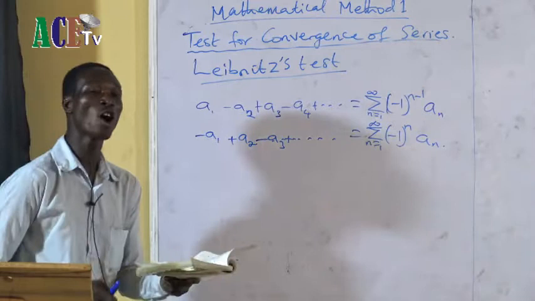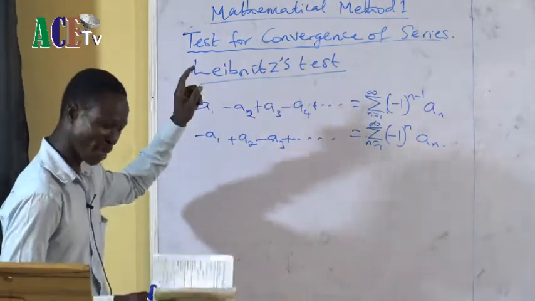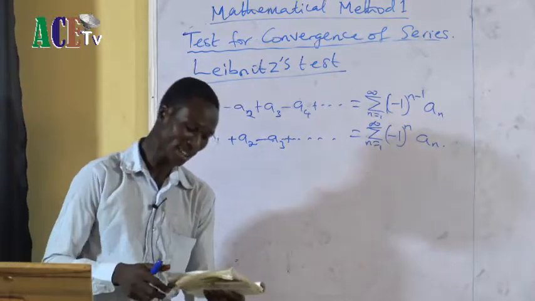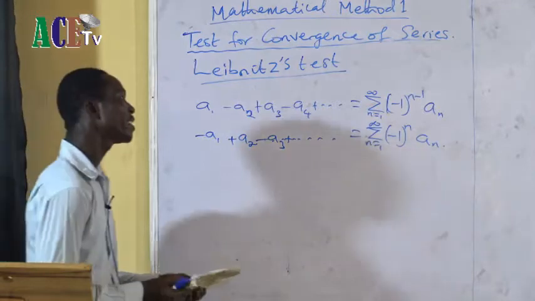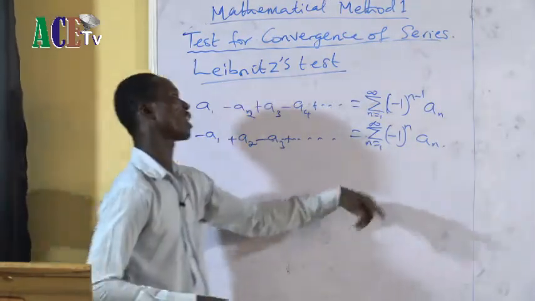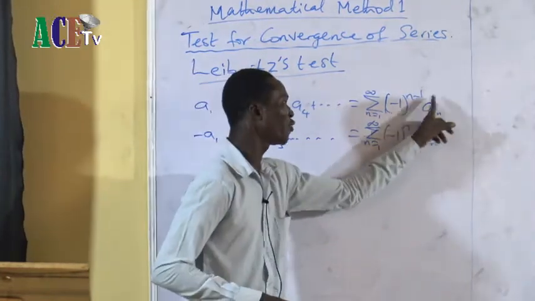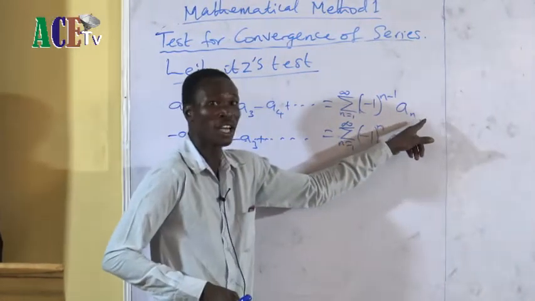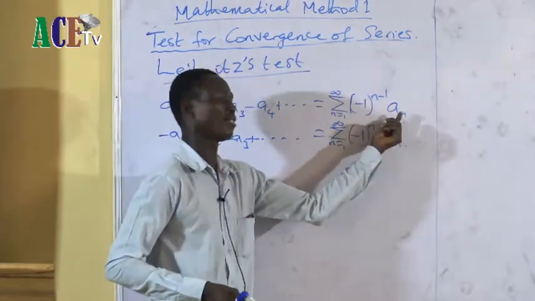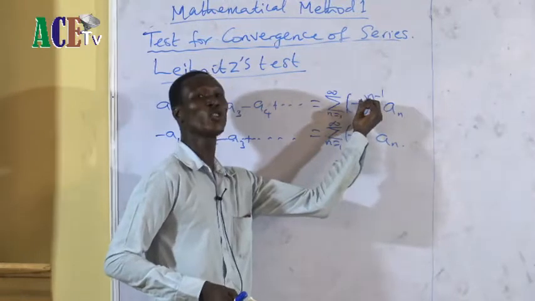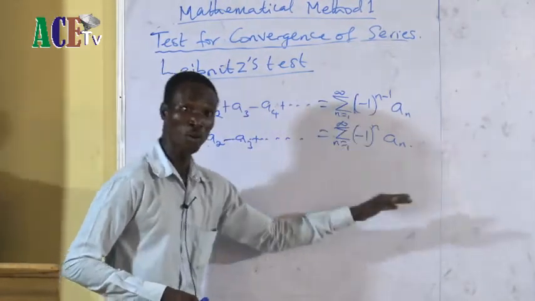So that is how we define alternating series, if you remember. And having done that, we want to test for any series given to us. It will look like an alternating series, but some other things, this an, don't forget, this an may be a fraction, this an may be exponential, anything. But this thing will make it look like an alternating series in its definition in the question given to you.